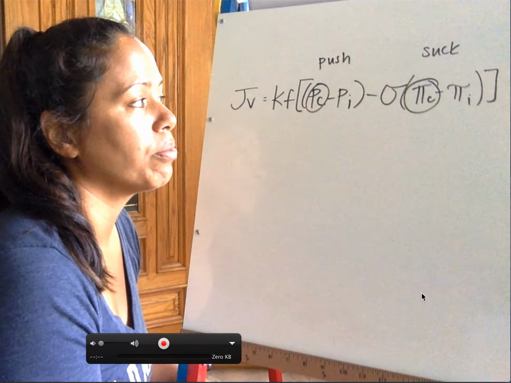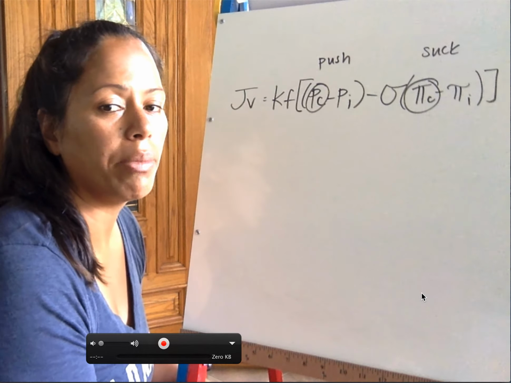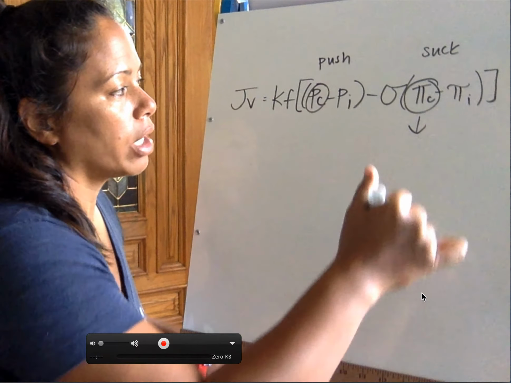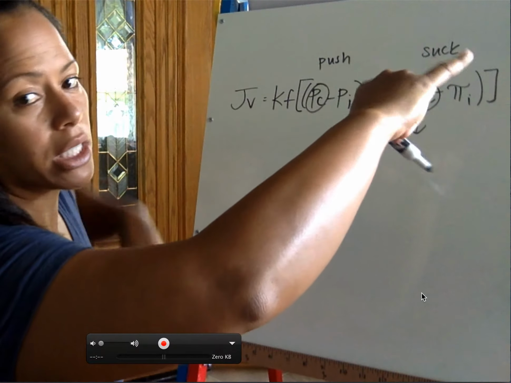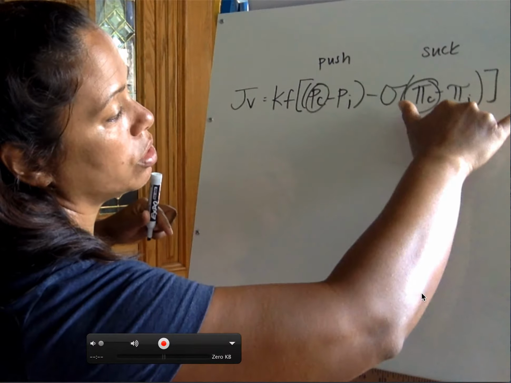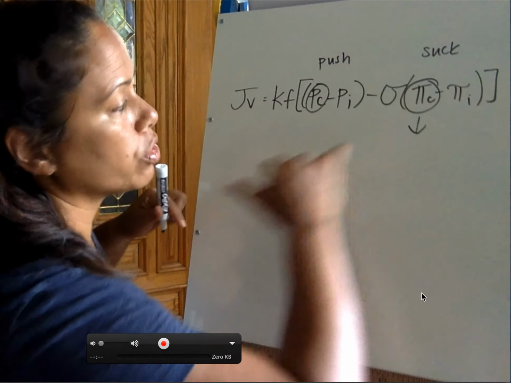If I don't have protein in my diet, I lack albumin. If this goes down, then what do I end up with? We said the Shaka sign, right? If this goes down, I end up with filtration.